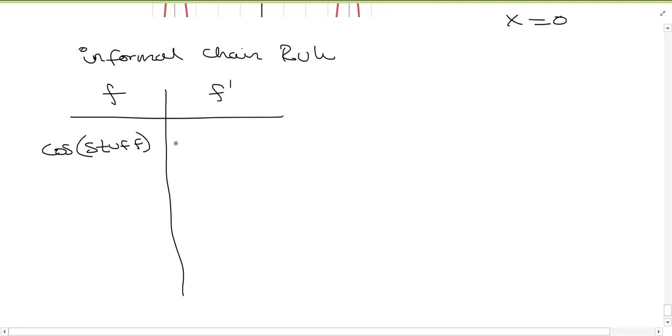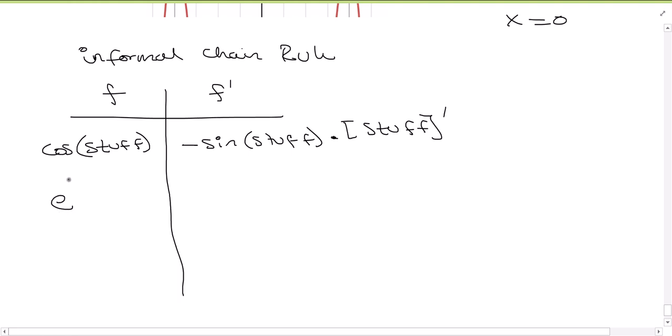Then the derivative of cosine, you do the derivative of the outside, so that's the cosine. So it'll be negative sine of the stuff times the derivative of the stuff. So that's essentially what the chain rule is saying. So you take the derivative of the main function, the outside function, the stuff stays the same when you rewrite it, and then do on the outside times the derivative of the stuff.